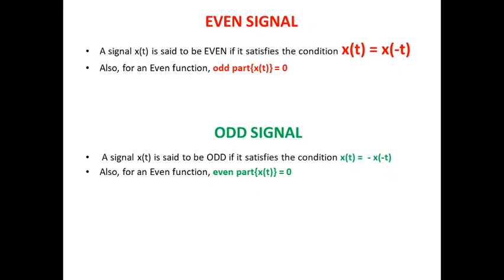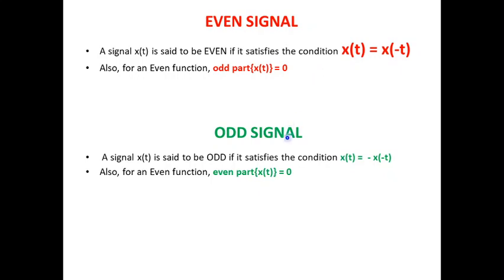So now let us see how you tell whether a signal is an even signal and how you tell whether a signal is an odd signal. A signal x of t is said to be even if it satisfies the condition x of t equal to x of minus t. Similarly, you can also check by another alternate method: for an even function, the odd part of x of t will be equal to 0. You can use any one of these methods to check whether the given signal is an even signal.